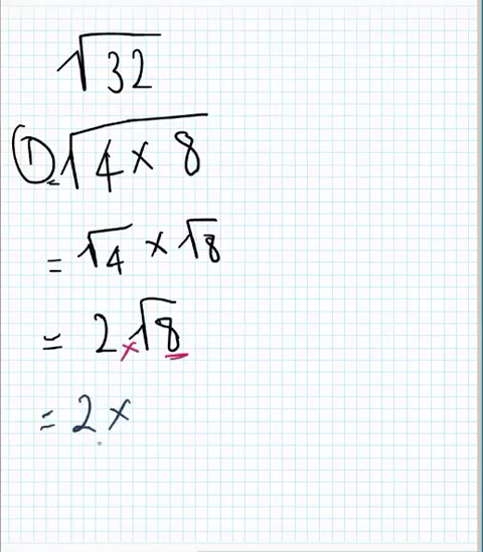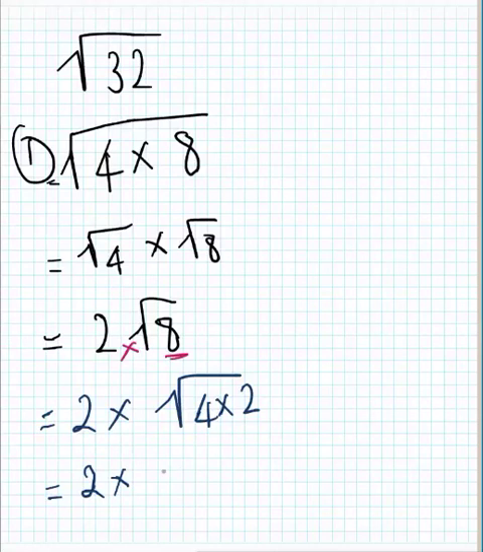Now, I'm going to leave this 2 times for now, and I'm going to focus on the square root of 8. So the number 8 can be written as 4 times 2, okay? Don't let this number here, 2 times this bit, confuse you. Pretend the 2's not there for now, but I'll keep writing it so I don't forget to put it there.